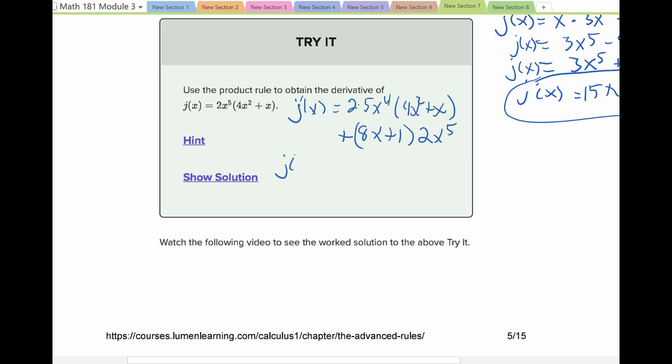So our j of x prime is going to be 2 times 5 is 10, times 4 is 40. x to the fourth times x squared is x to the sixth.